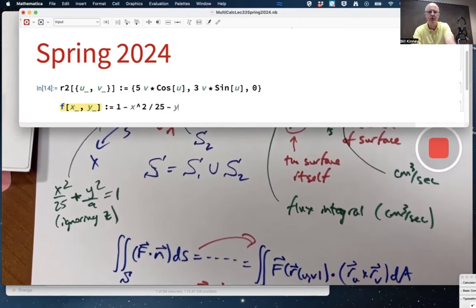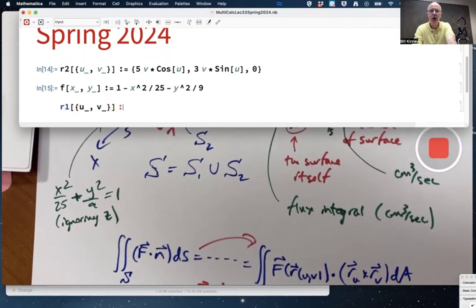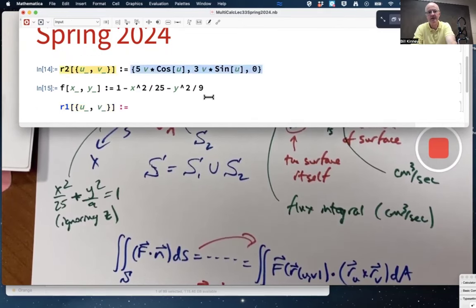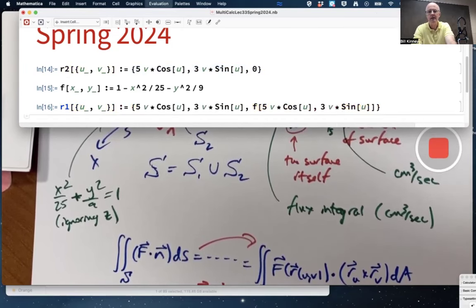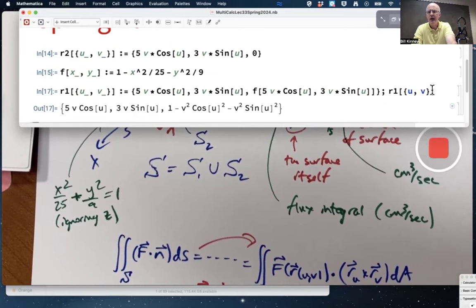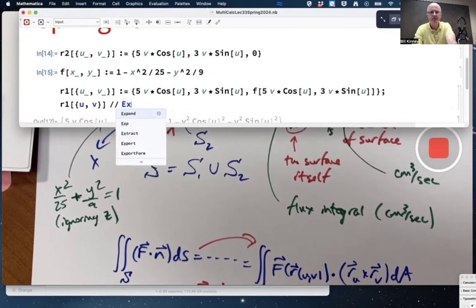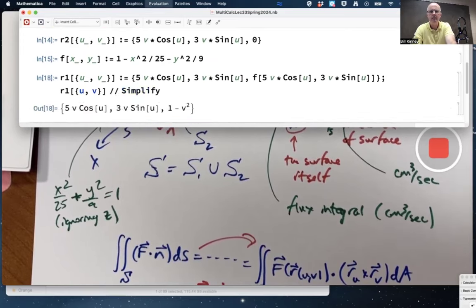R1 of UV has x and y vary in the same kind of way as our R2 did. It's z that's different. The z is found by plugging those things into f. It's not too complicated, though it does simplify somewhat. And that's what you could use for the upper ellipse.